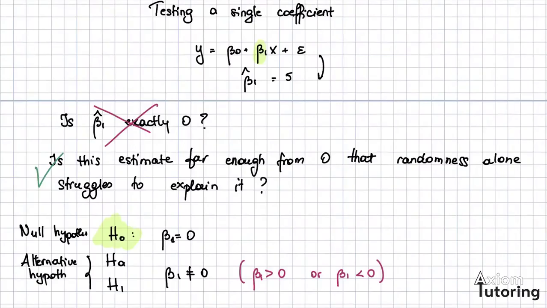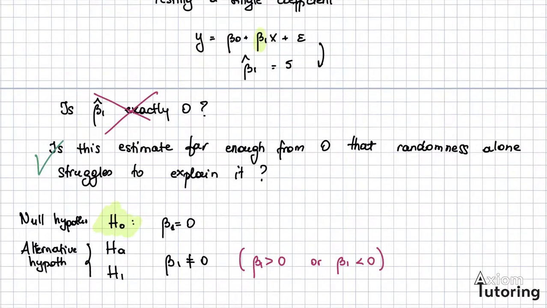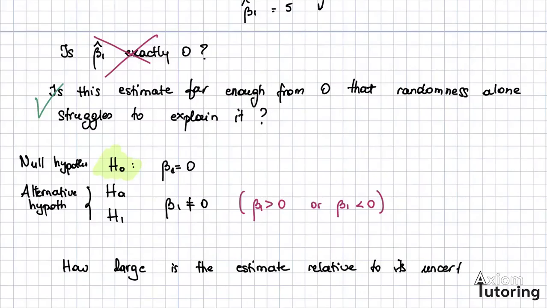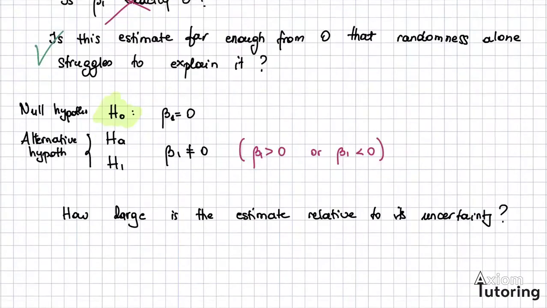But it could also be completely unremarkable, depending on how noisy this estimate is. So the question that we ask is: how large is the estimate relative to its uncertainty? And this is why variance and standard errors are central to testing.